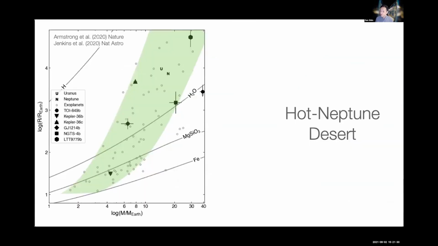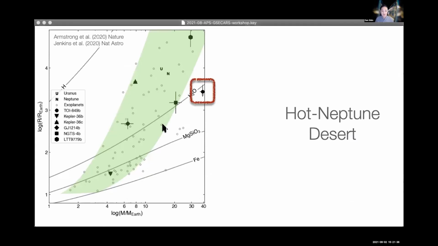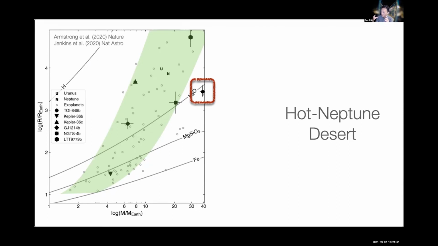There are also very bizarre exoplanets out there in what is called the hot Neptune desert. This green area shows the majority of exoplanets existing in the mass-radius regime. You see Uranus and Neptune there. And this size level of 40 Earth masses is about the core size of the gas giants.